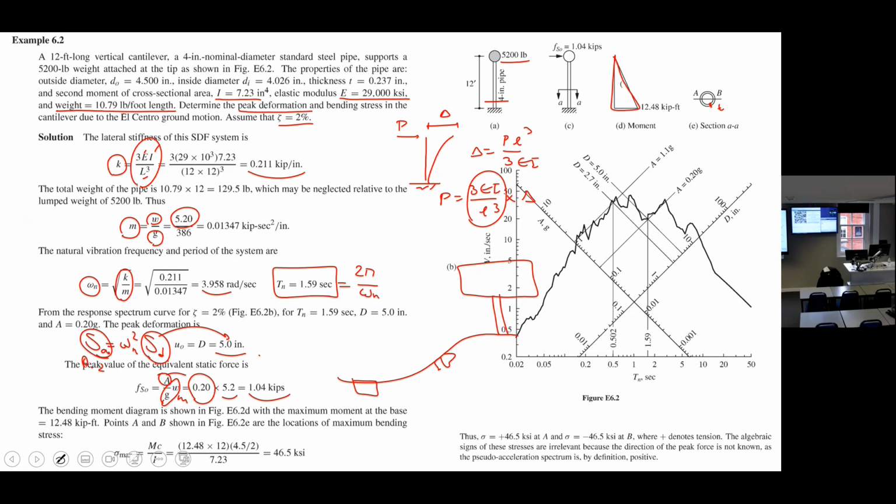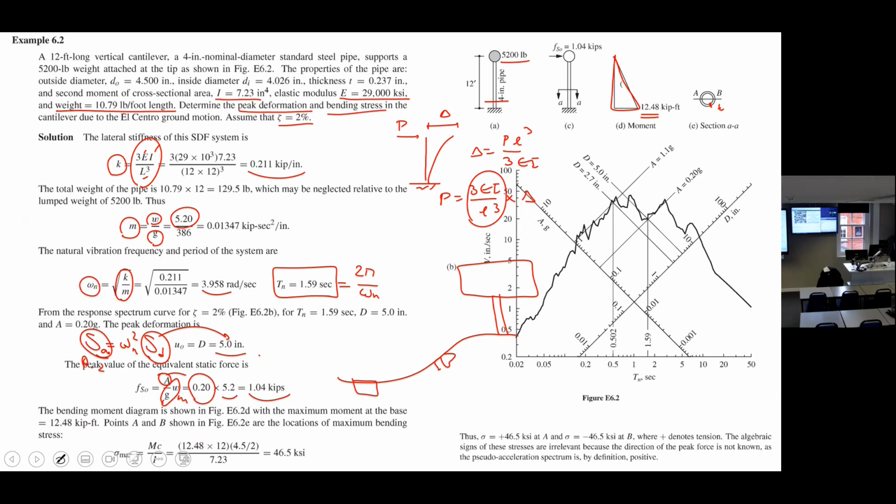So if you multiply 1.04 by 12 inches, you will come up with this internal bending moment, and that internal bending moment produces internal bending tension stresses in your section, right? How can you calculate the stresses, because it's asking about the bending stress?